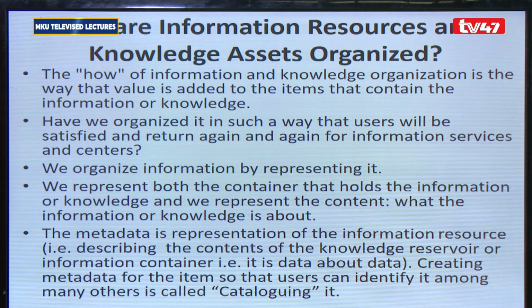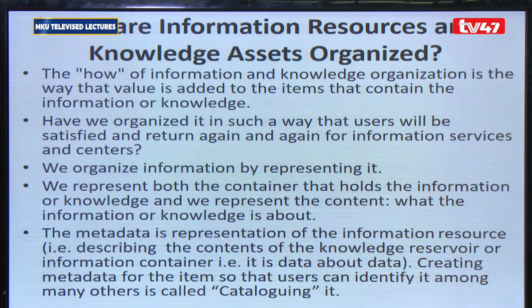How are information resources and knowledge assets organized? The how of information and knowledge organization is the way that value is added to the items that contain the information or knowledge. Nowadays, people want direct information.